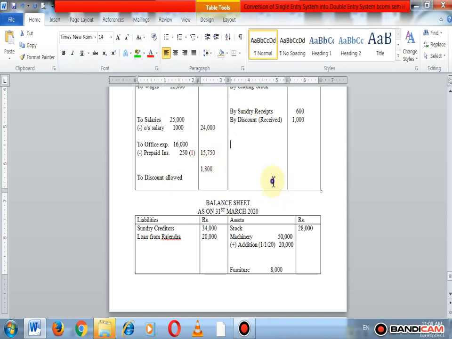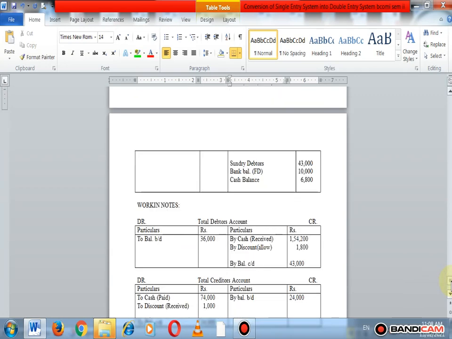Second effect: remember that prepaid insurance or prepaid expenses is our current asset. So current asset is transferred to the asset side of closing balance sheet. Here prepaid insurance amounted to rupees 250.